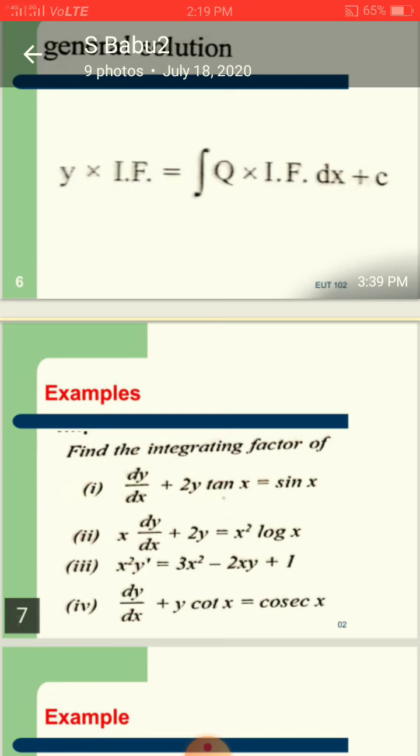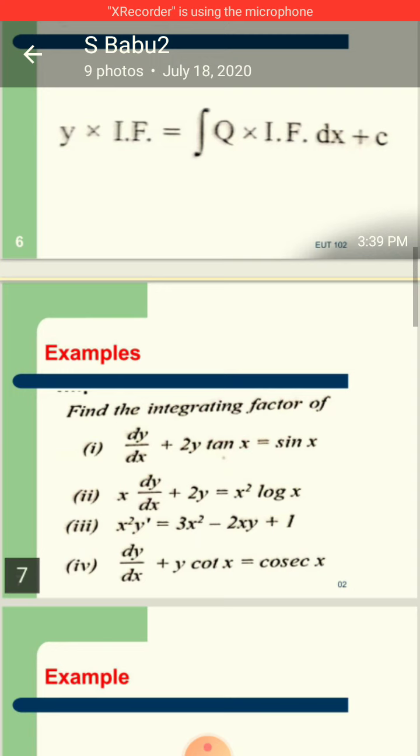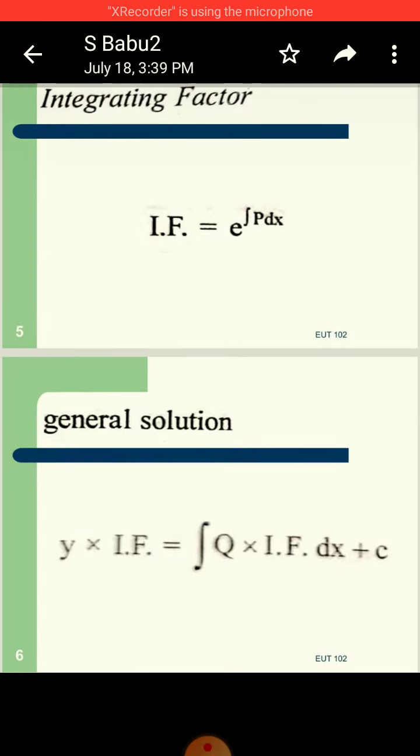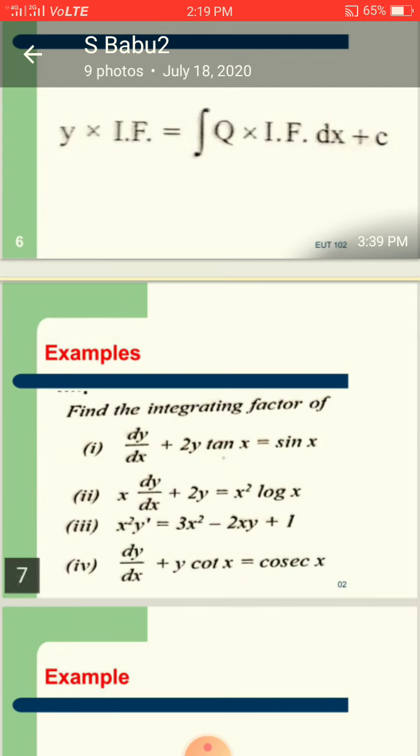Homogeneous differential equations and non-homogeneous differential equations, different kinds of differential equations we can have. Where do we use an integrating factor? In some cases we use it, and in some cases we don't. For the homogeneous differential equation, and another thing, the non-homogeneous linear differential equation, we don't use an integrating factor.